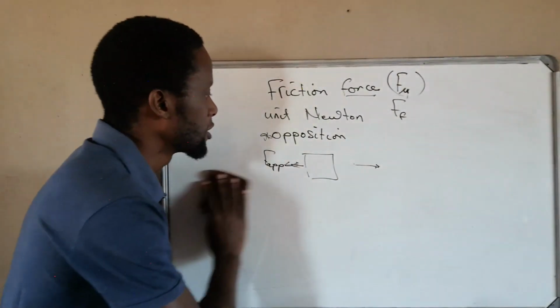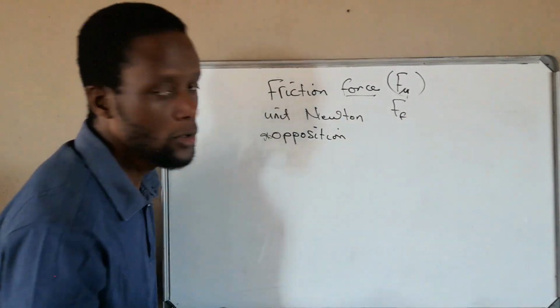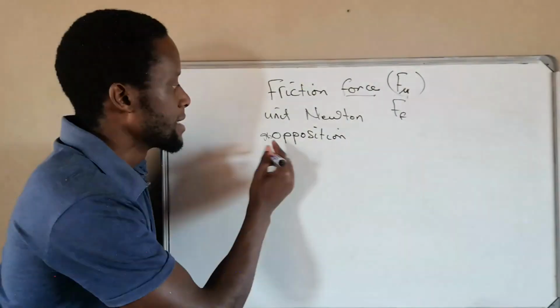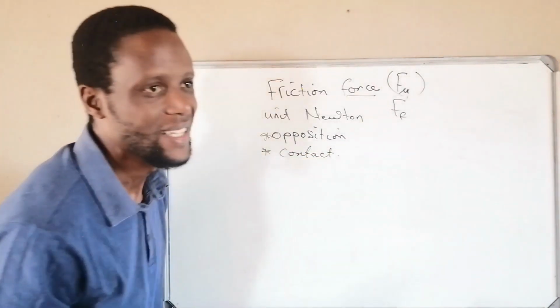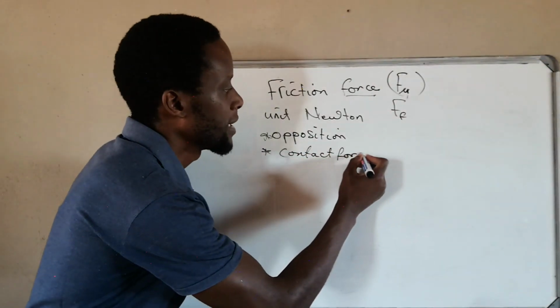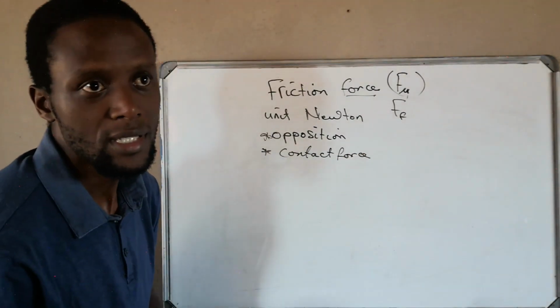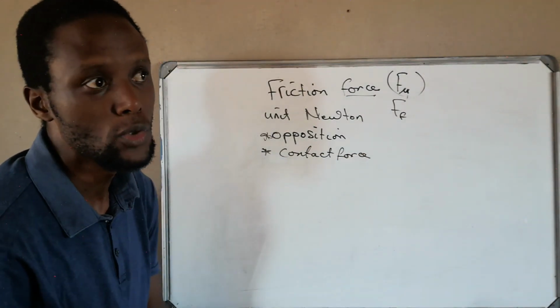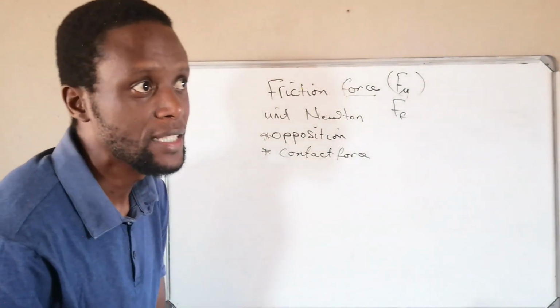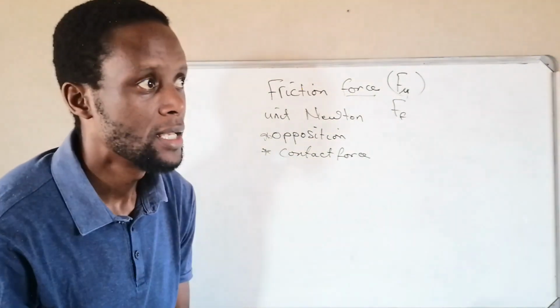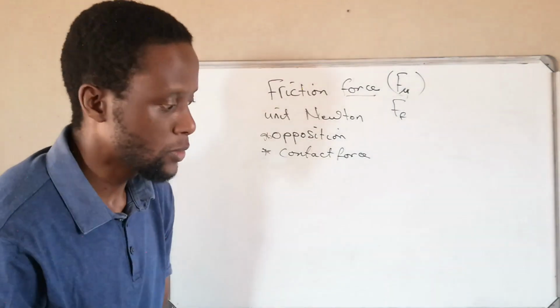The other thing we need to know is that friction force is a contact force. It depends on how much contact there is between two surfaces. Earlier in our dynamics, we learned about force as just a force being applied.